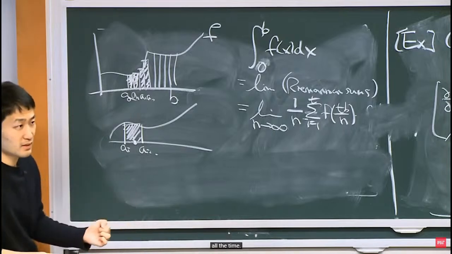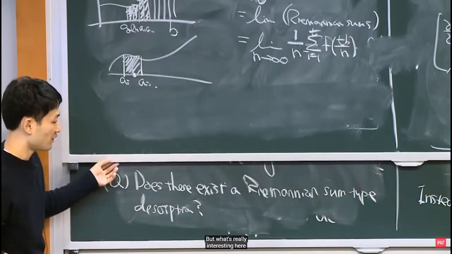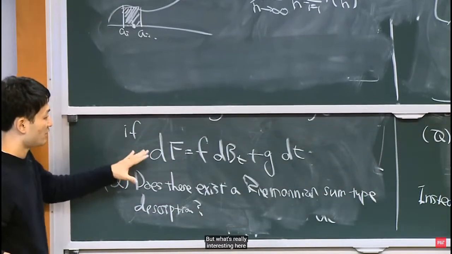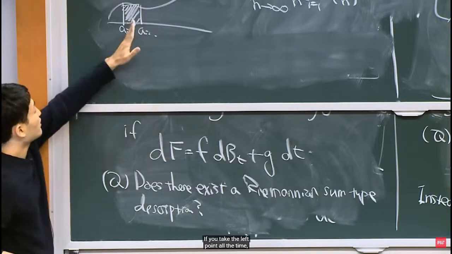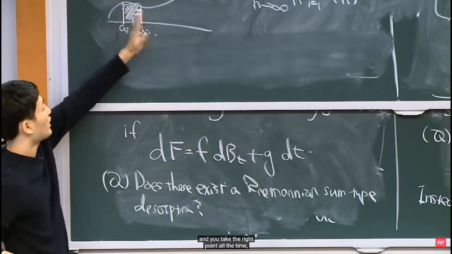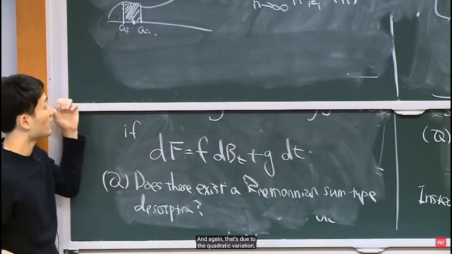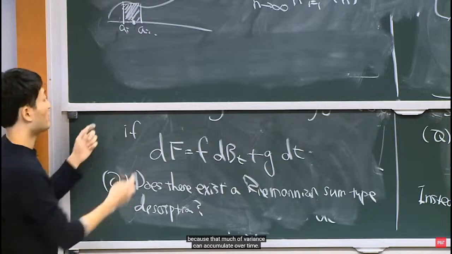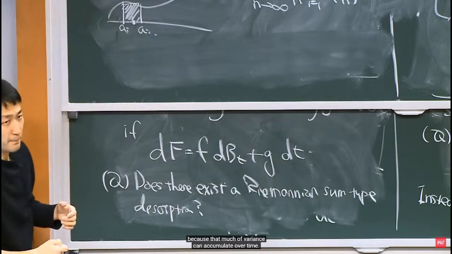That's how you define the limit. But what's really interesting here is that it's no longer true. If you take the left point all the time and the right point all the time, the two limits are different. And again, that's due to the quadratic variation, because that much variance can accumulate over time.